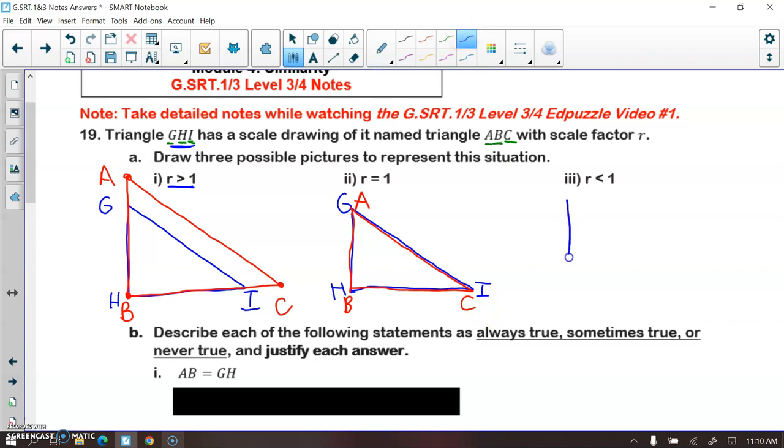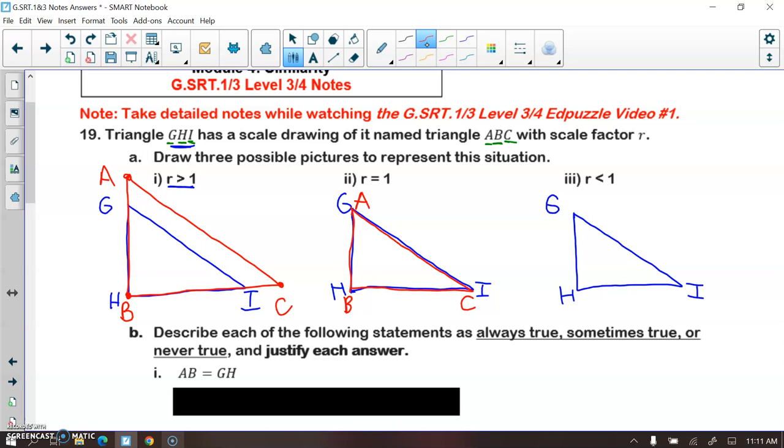So if I had triangle GHI, let me draw that again. That means that triangle GHI is going to shrink. I'm going to be consistent with my 3 drawings.